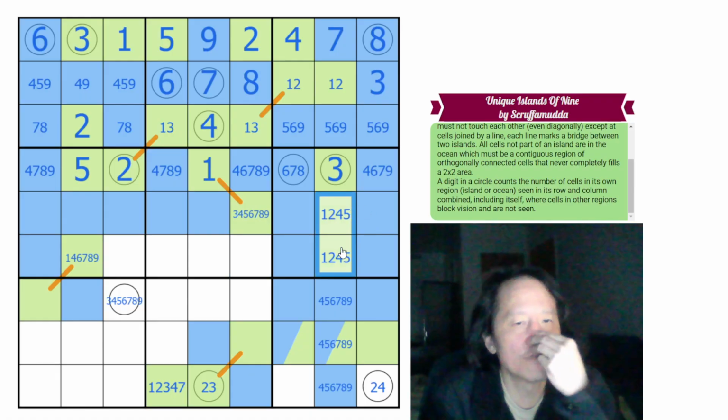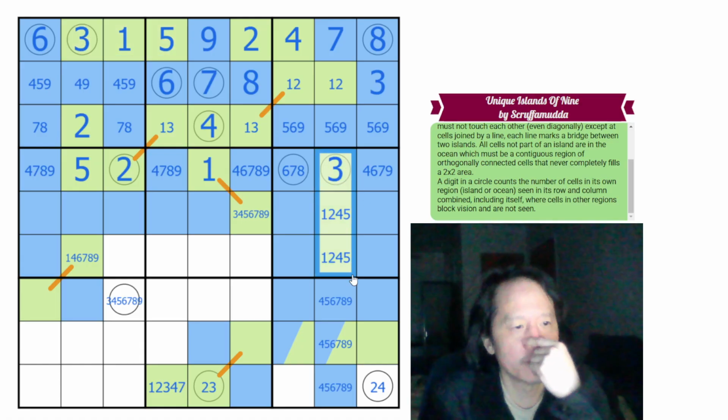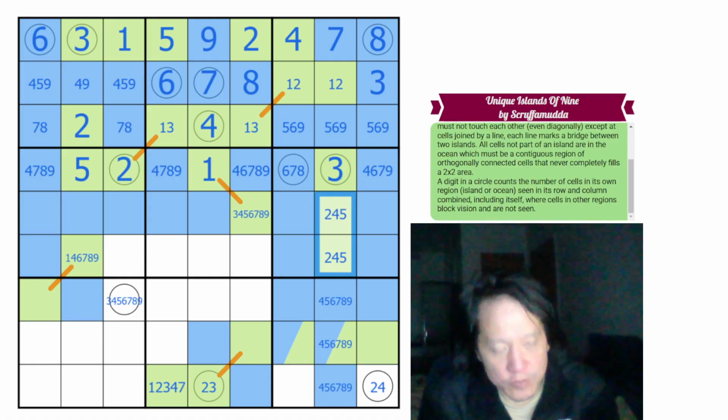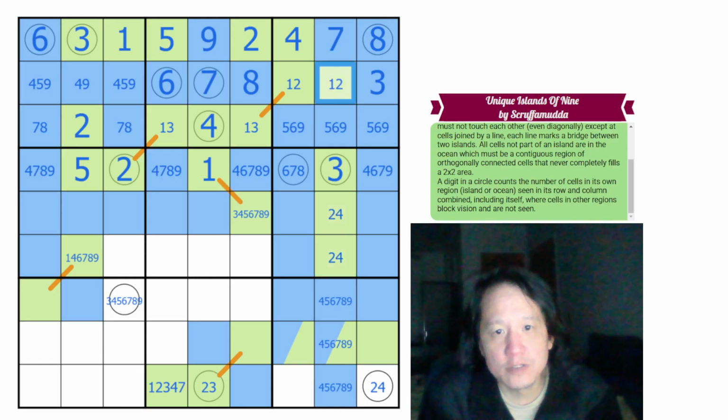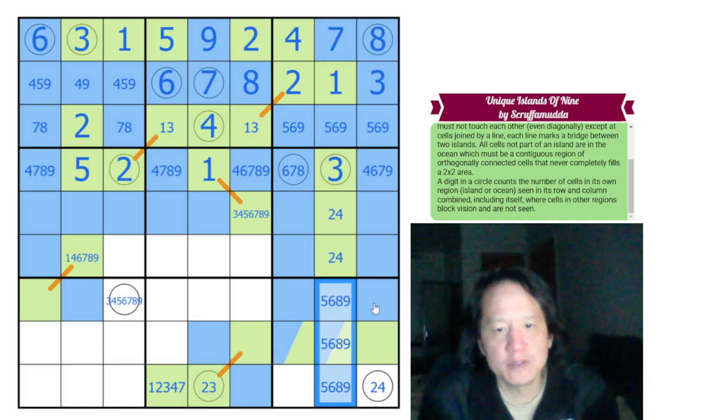Oh, this can't be 1 or 5 because we already have a 1, 3, and 5 as a set of 3 digits. This has to be 2 and 4 specifically. This can't be 2. This must be 1, which makes this 2. 4 can no longer be here. This can't be 7 either.